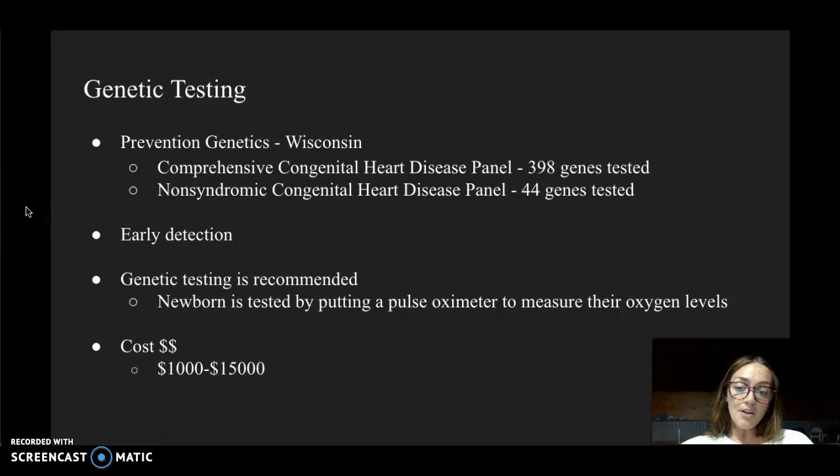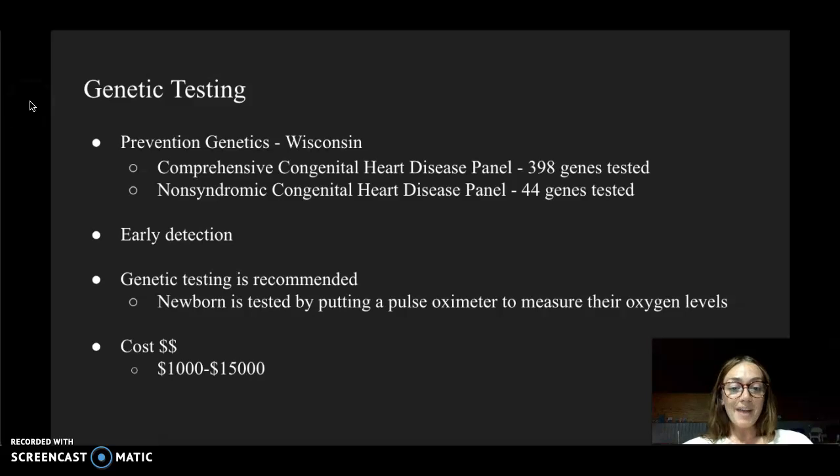For the infants themselves, genetic testing is recommended, but it is not required. Though there is a law that each newborn is required to be tested with a pulse oximeter to measure their oxygen levels. This is really important, especially with those main 7 critical congenital heart diseases that I briefly touched on, because those are obviously going to really affect the amount of oxygenated blood within your system.